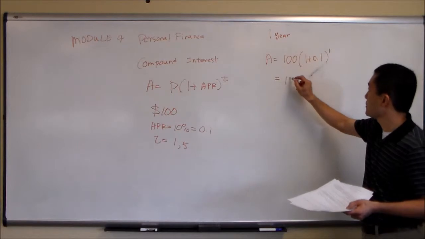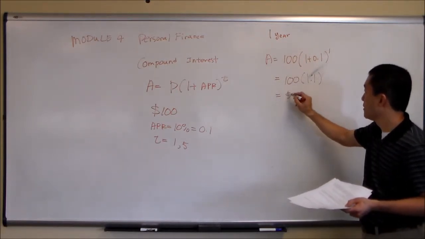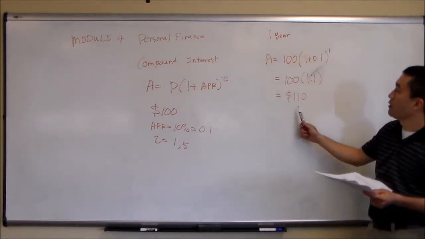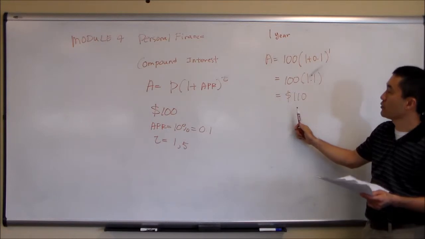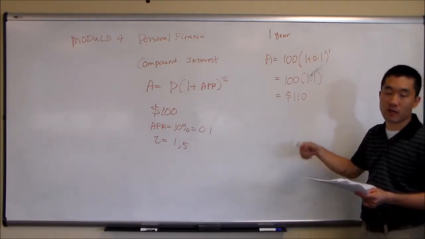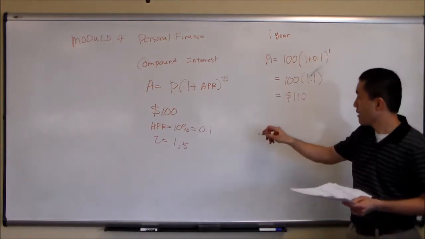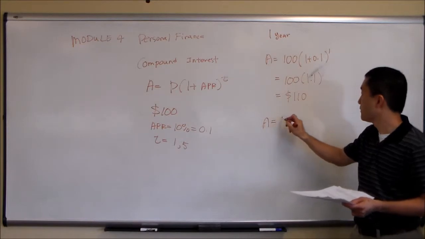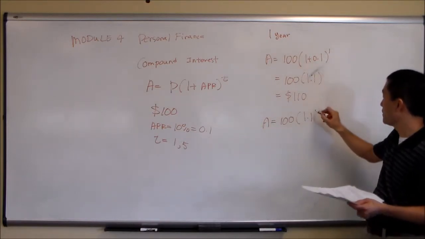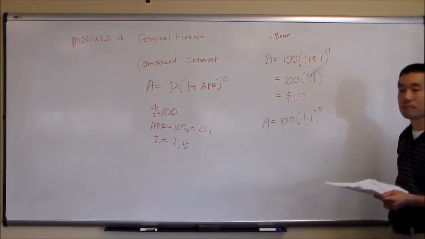This is essentially the same as saying 100 times 1.1, which is 110. As you can see, between the compound interest and the simple interest, the cumulative amount at the end of the first time period is the same. So let's do after 5 years. 1.1 because it's the same, but this is raised to the 5th power.